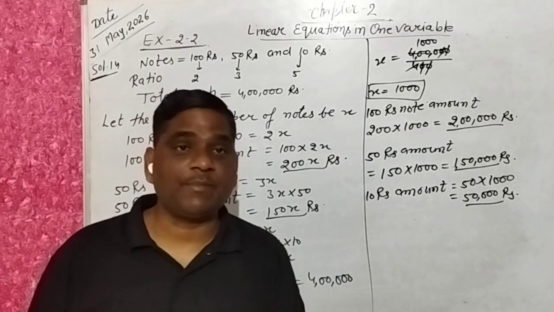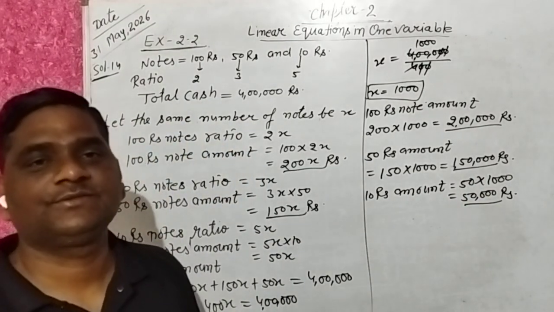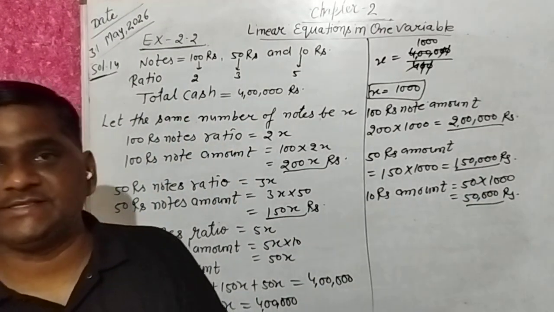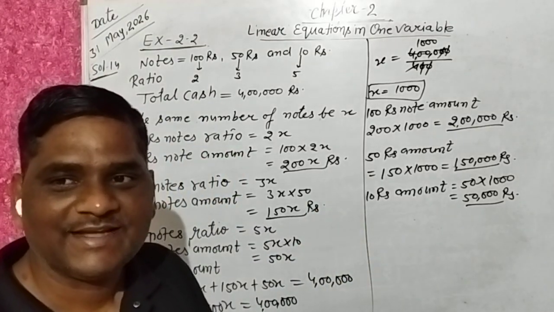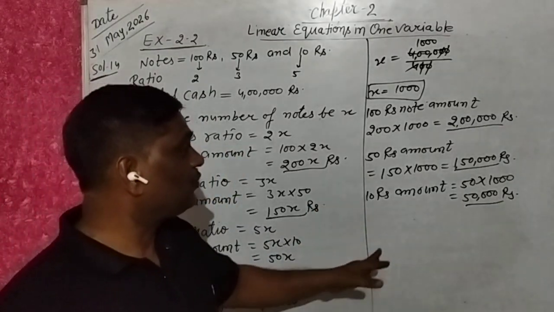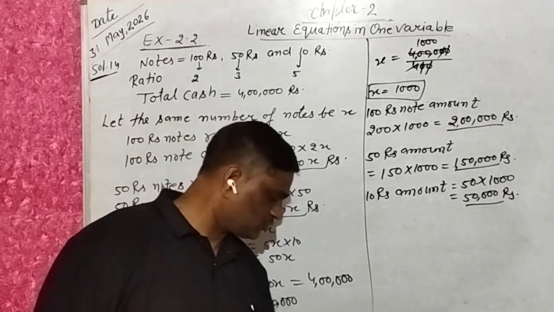And 10 rupees amount is 50x, so 50 into 1000 is equal to 50,000. Understand? I think you understand better. So total amount 4 lakh. Now next question.